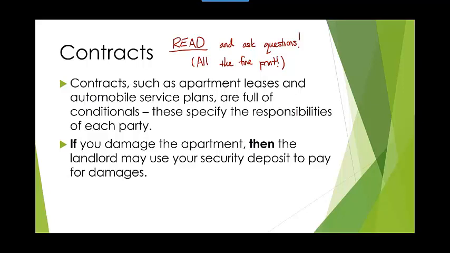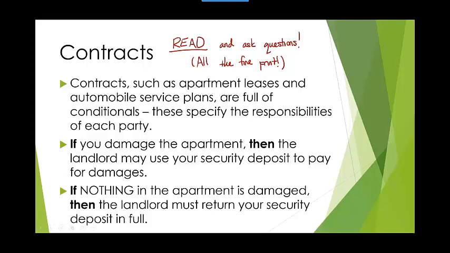So like if you have, I don't know, water leakage, or if you put a bunch of paintings up and you have lots of holes in the wall, then the landlord can use your security deposit to pay for those things and give you what's left, if any. And then if nothing at all in the apartment is damaged, then the landlord has the responsibility to return your deposit in full.